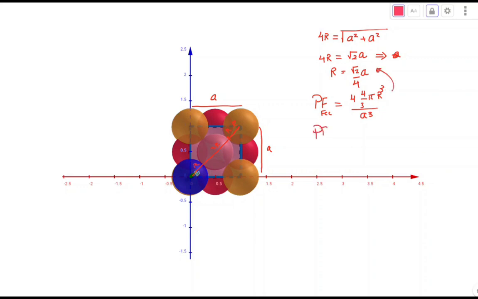So the packing fraction equals 4 over 3 pi (square root of 2 over 4 A) cube over A cube. You do the math, you will find that the packing fraction for FCC structure is 0.74, and remember this is the maximum packing fraction you can get.